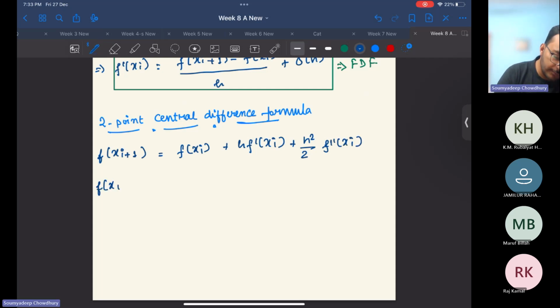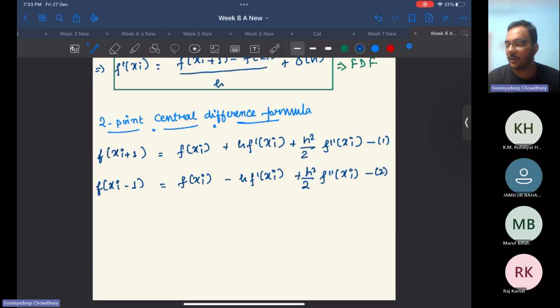And if we write f of xi minus 1, it is f of xi minus h f dash xi. So this is my first equation, this is my second equation. From this, we have to find out f dash xi. So what we do is equation 1 minus equation 2.